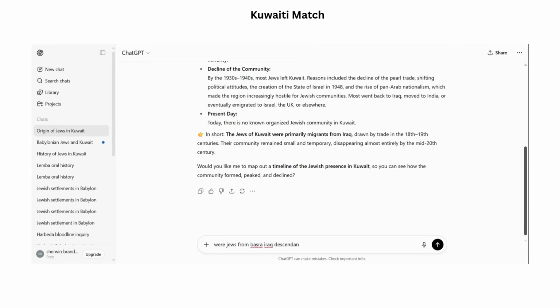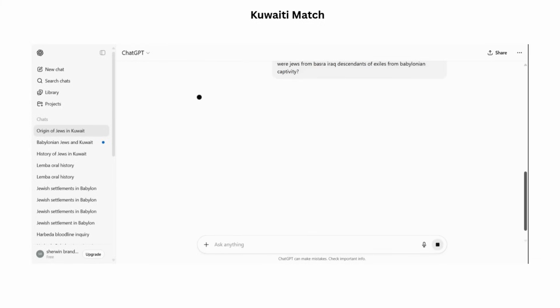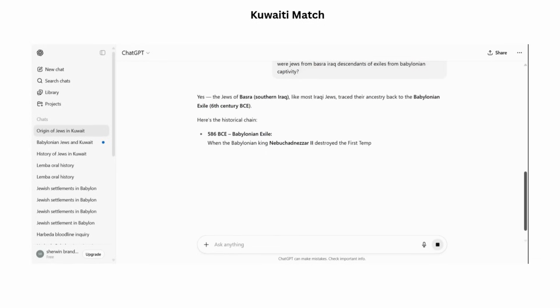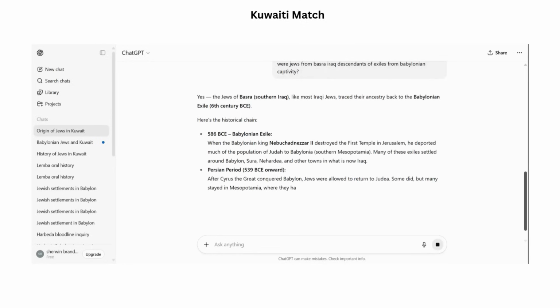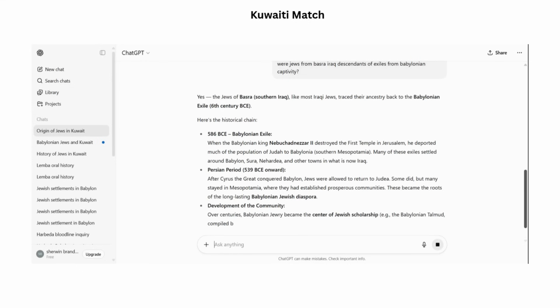Let's check to see if these were exiles from the Babylonian captivity. So yeah, we see here that Jews from the Babylonian captivity, or well, some of them, did in fact migrate to Kuwait.